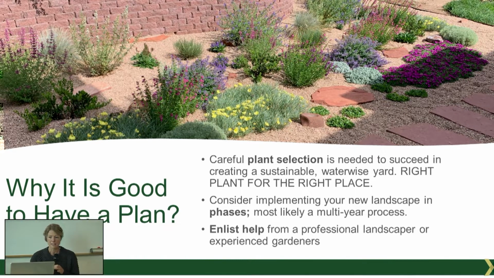So by spending a little time in this planning phase, you're going to save yourself time, money, effort, and you're also more likely to end up with all of your plants having fairly similar water needs, making it easier to maintain and have plants that will thrive. So your design could be a professional design from a landscape expert, or it can just be a do-it-yourself sketch with a plant list, but it is important to have a plan.